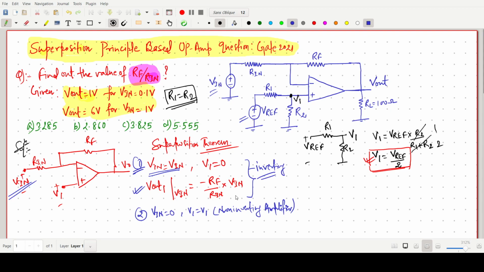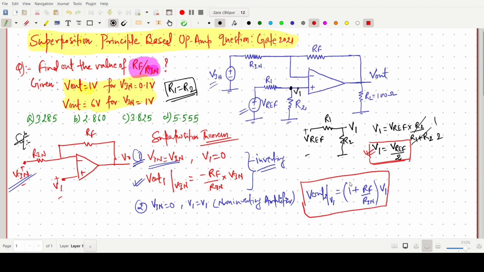We can now directly write V output 2 due to V1 as 1 plus RF by Rin into V1. This is the output voltage due to the other input.